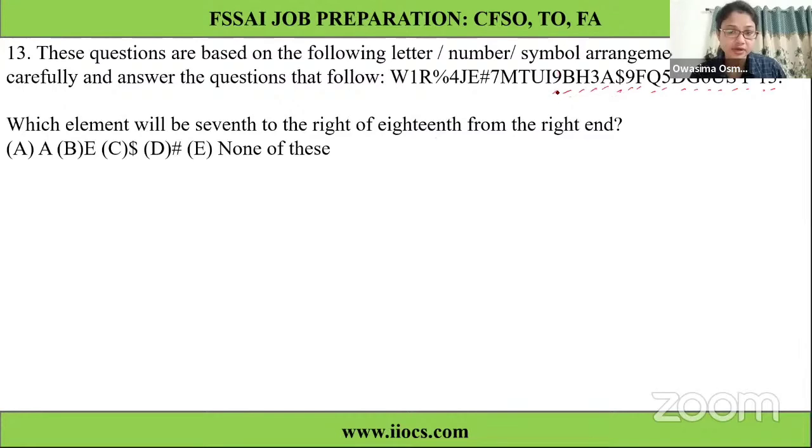So 9 is the 18th term, and there will be the 7th to the right. 7th to the right means 1, 2, 3, 4, 5, 6, 7, F. So our answer is none of these.